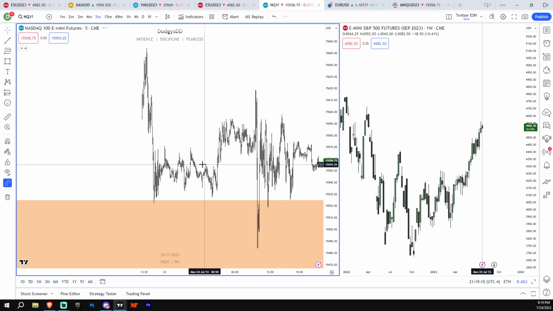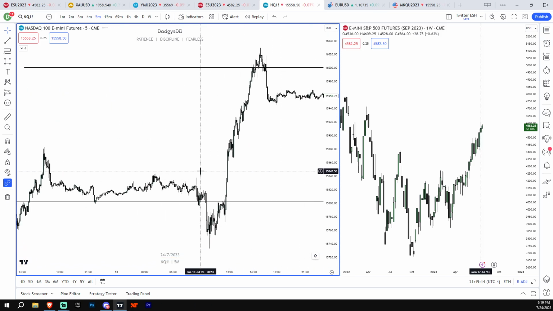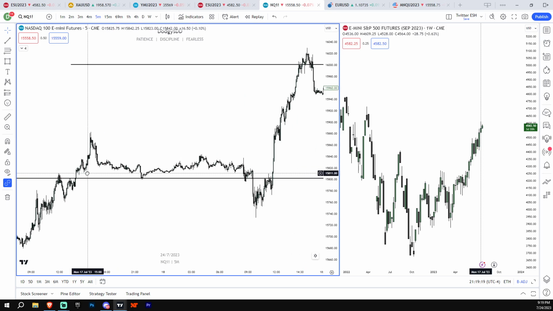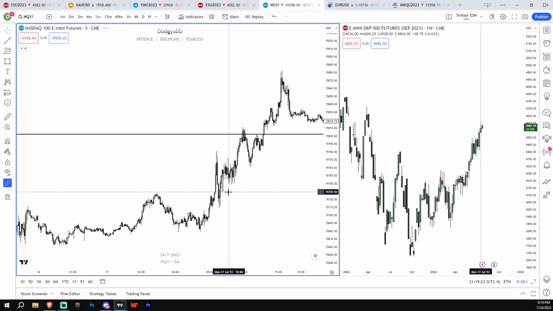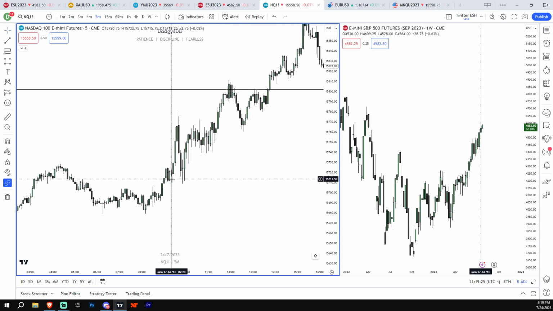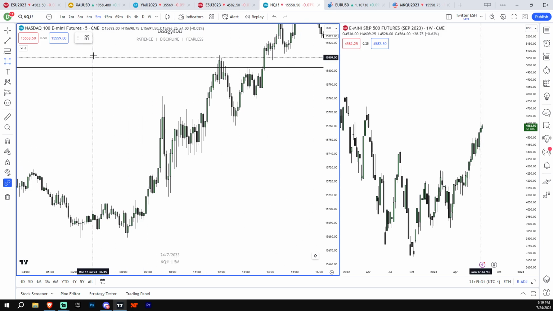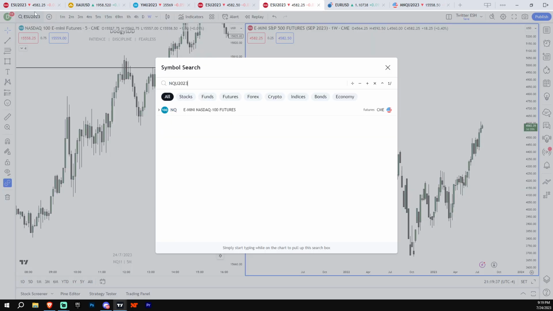So just going back to last week again, I'm going to use the 5-minute. If you go back to Monday, we get the pump off Monday. It opened, and we get the pump right here at open. And you can see right here, let me see if I can, I'm just going to be doing MQ probably.